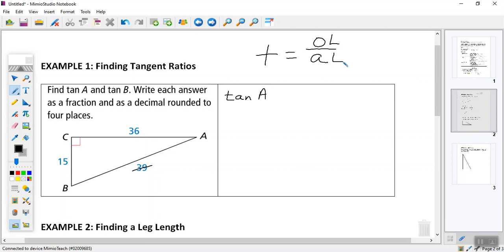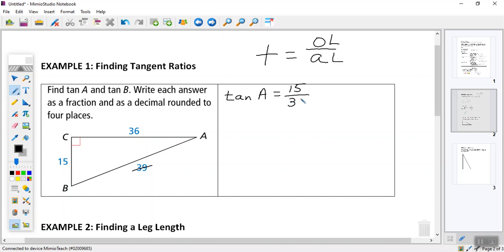Hey, you're at angle A, kids. What's the opposite leg to A? Is it 15 or 36? Which one's across? Opposite means it's not touching the angle. So which side is not touching this angle A that you're at? It'd be 15 over what? The leg that's touching angle A is 36.